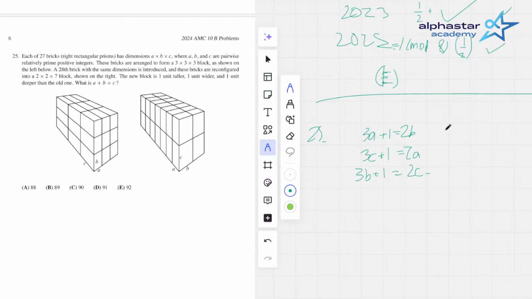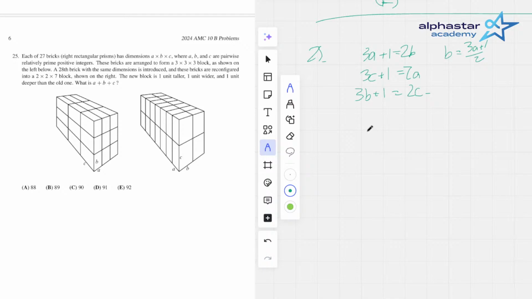Like, for example, b equals 3a plus 1 over 2. Let's plug that in. 9a plus 3 over 2 plus 1 equals 2c. Multiply that by 2. 9a plus 5 equals 4c.